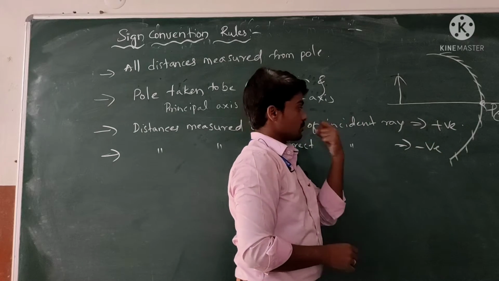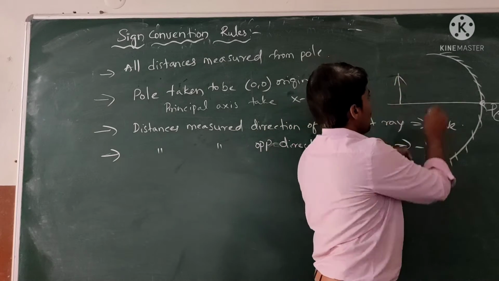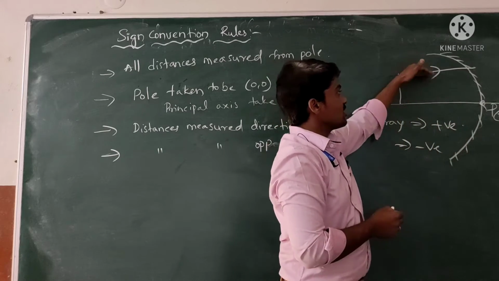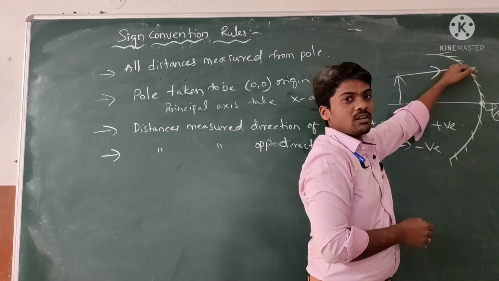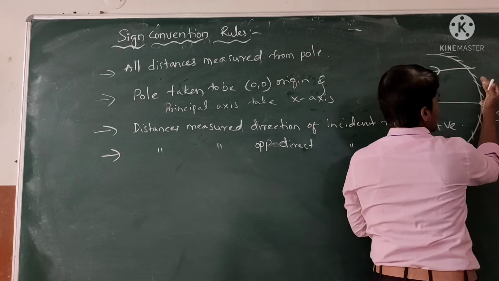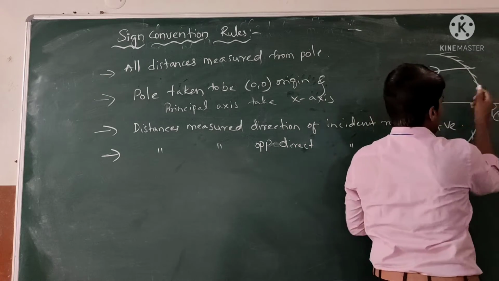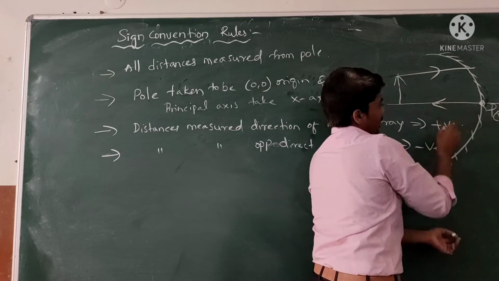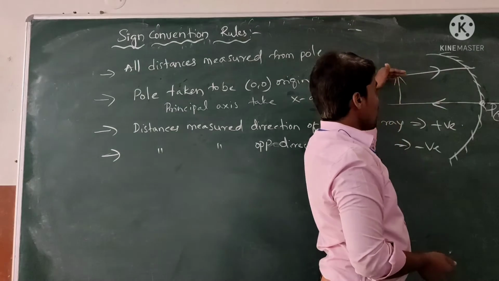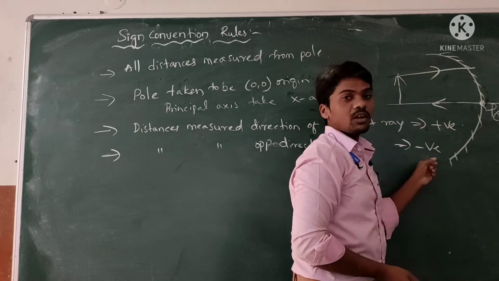For example, whenever the candle is in this position, this is the incident ray. Is the direction opposite or not? Opposite, so take it as negative. Here is the pole, and all distances are measured from the pole. This side, the direction of the incident ray, is positive. The opposite direction is negative.